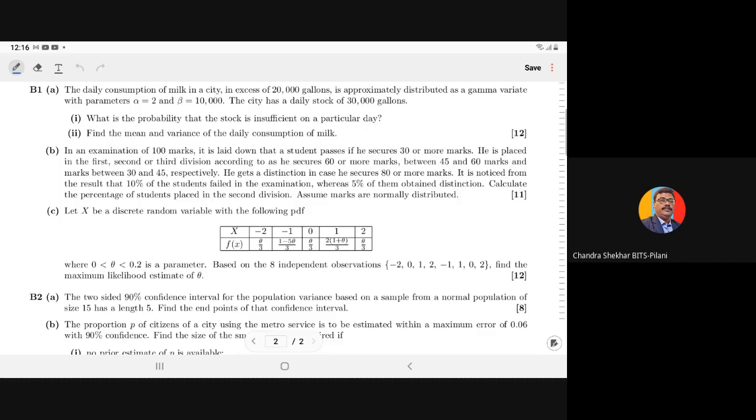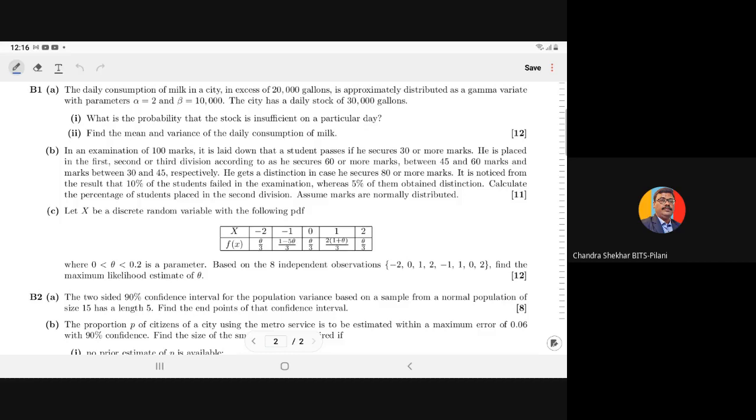He is placed in first, second, and third division according to as he secures 60 or more marks, between 45 and 60 marks, and marks between 30 and 45 respectively. He gets distinction in case he secures 80 or more marks.